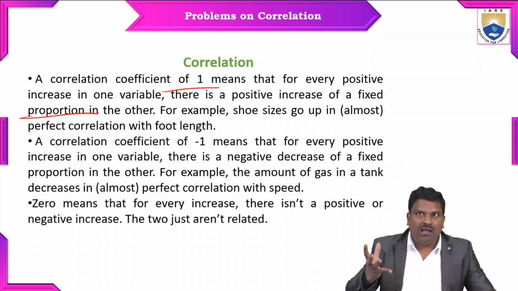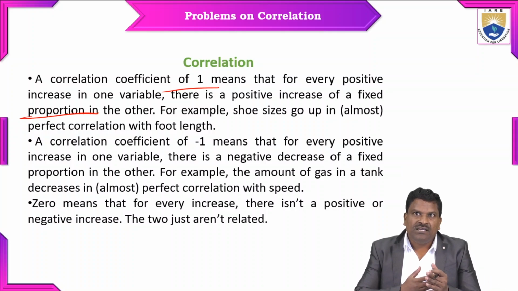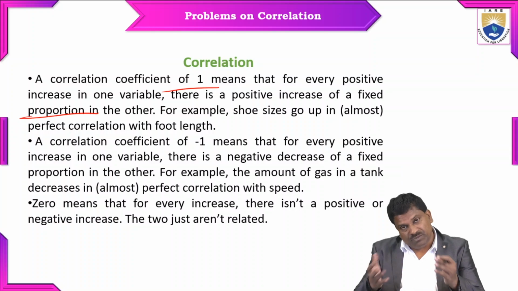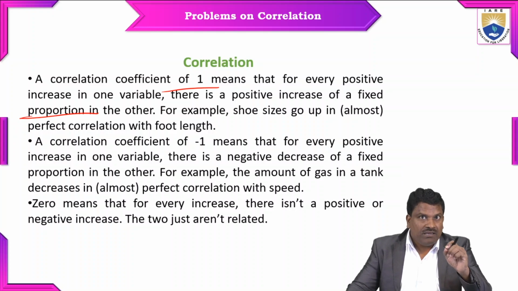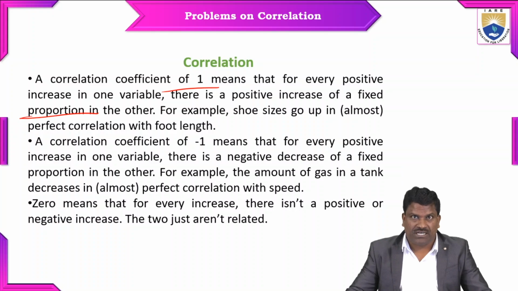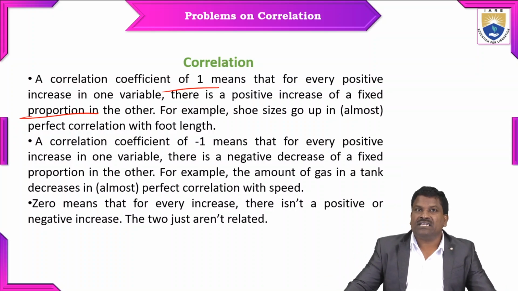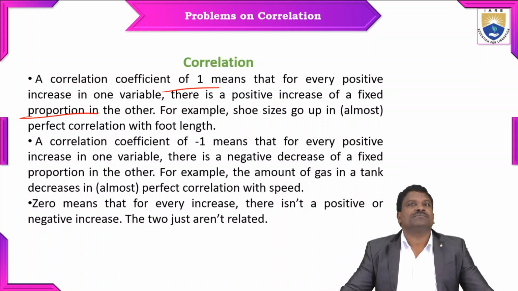According to the foot size, the shoe size is designed, not only according to its length, but also according to its breadth and its height. In all three dimensions it has to be designed. So, that is called proportion. Your shoe sizes go up in almost perfect correlation with foot length. That is called correlation. It gives a perfect relation.